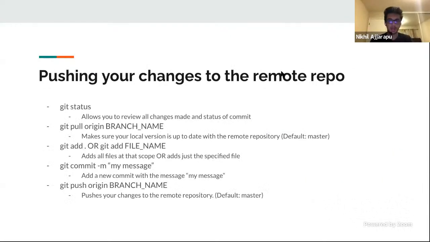Now here's a couple of commands. This is where essentially the power of Git and GitHub comes in: being able to check on what changes you're making, being able to store each change in a different version, which is called a commit, and pushing these commits up to the remote repository. As we were mentioning earlier, there's the local repository and the remote repository.